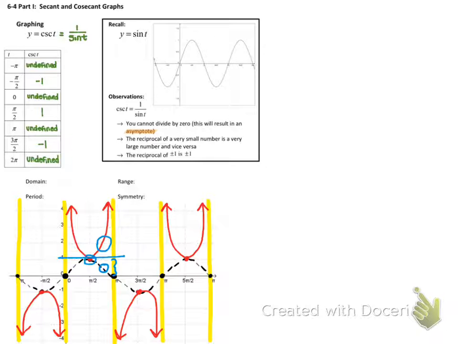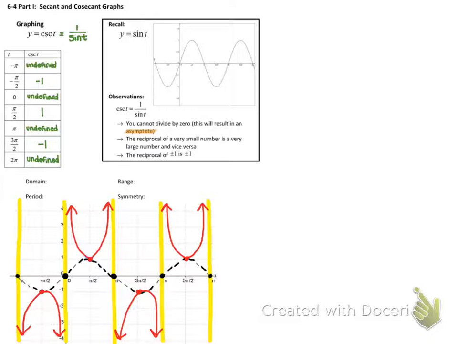Again, if we take the reciprocal of a number that is negative, but in between 0 and negative 1, it's still going to be negative, but it's going to be a smaller negative number, I should say, down here. So that's that concept. You can choose to do it that way, or you can just have this graph memorized.